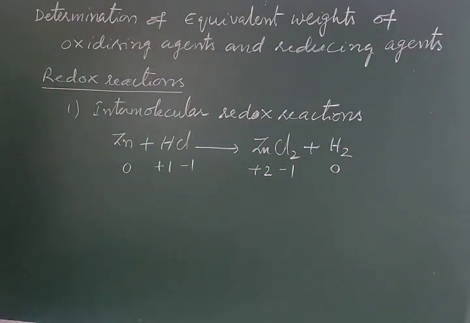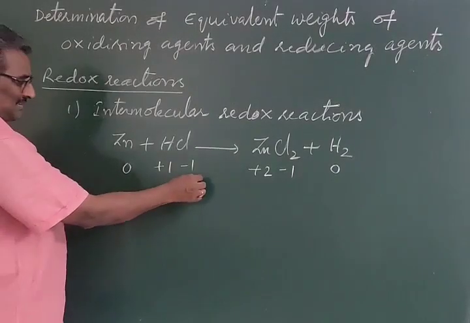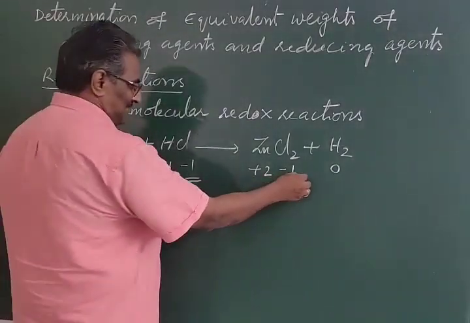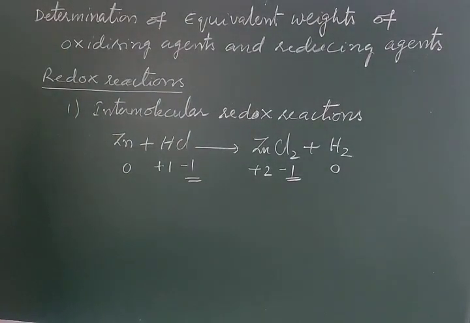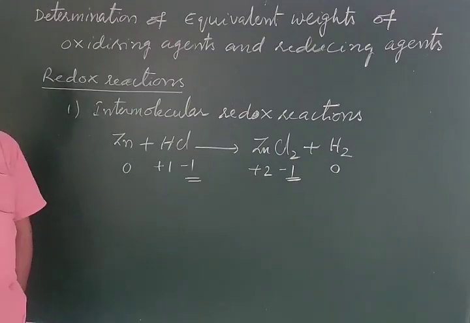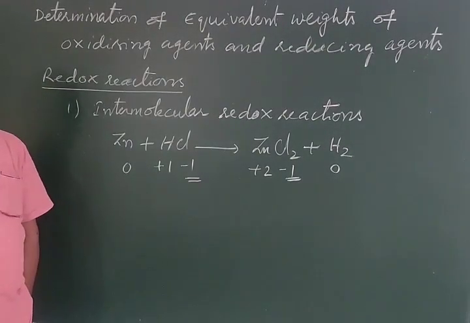Okay? Here, the oxidation state of chlorine is not being changed. There is no change in the oxidation state of chlorine. That means in this reaction, chlorine is neither undergoing reduction nor undergoing oxidation.